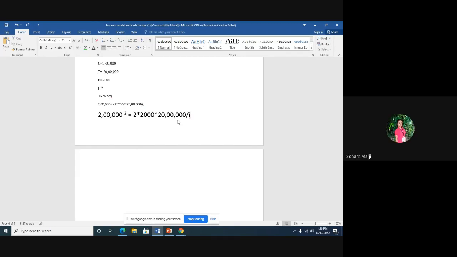So now what we will do is, we will find the square of 2 lakh. How to find the square of 2 lakh? 2 lakh into 2 lakh. You have to multiply it 2 times. How much do you get? Four lakh.